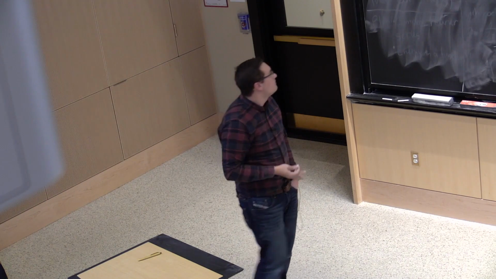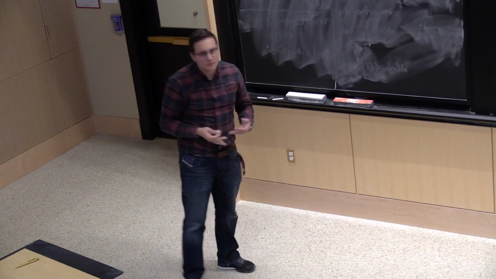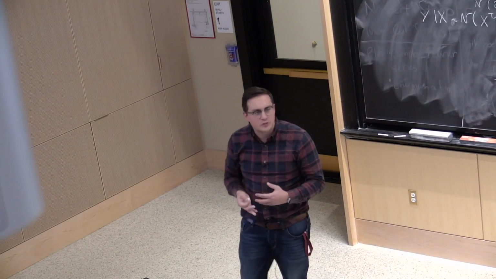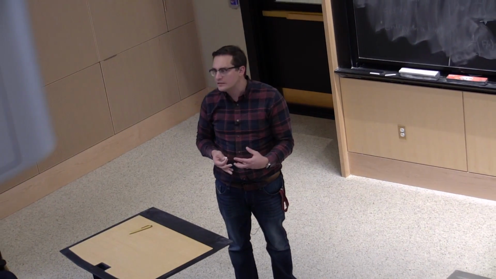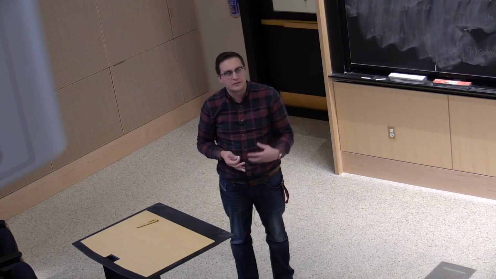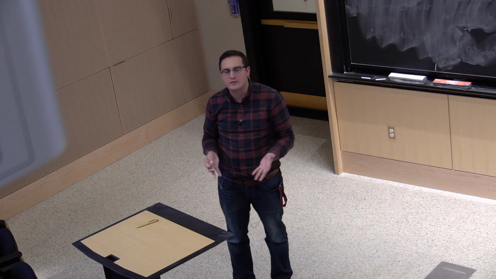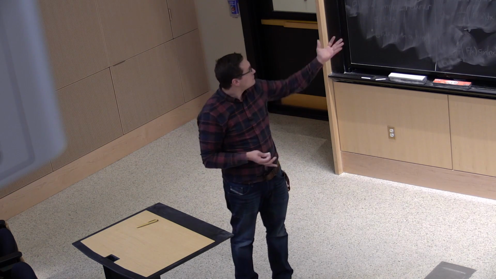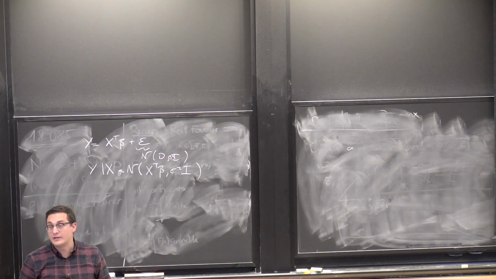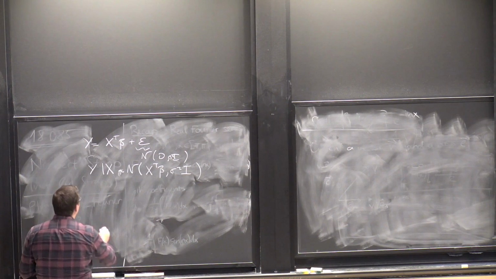OK? So what regression is just saying is I'm trying to explain y as a function of x. Given x, I'm assuming a distribution for the y. And this x is just going to be here to help me model what the mean of this Gaussian is, right? I mean, I could have something crazy.